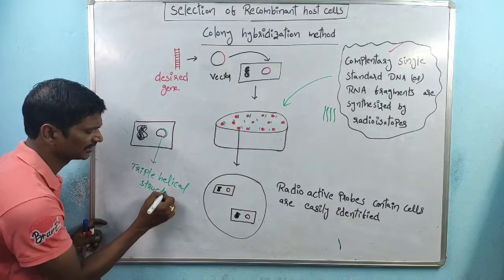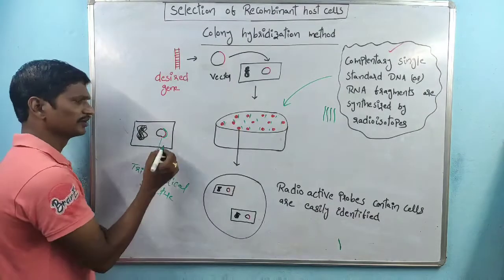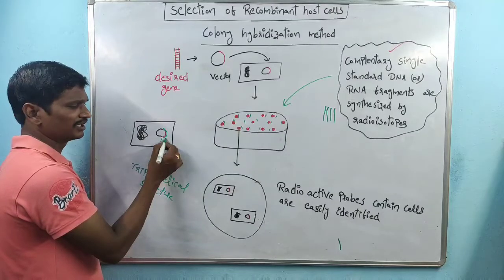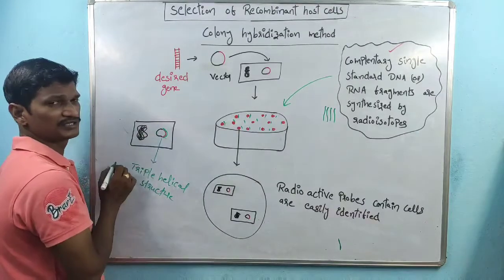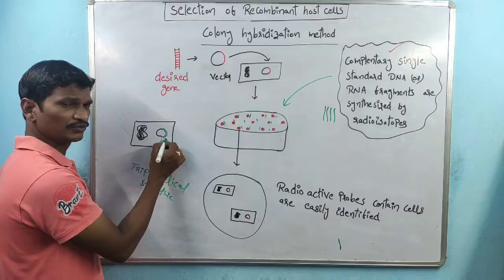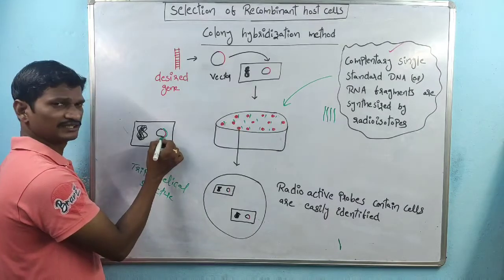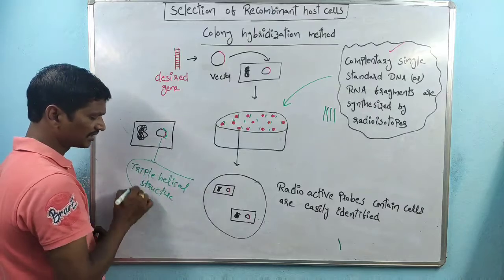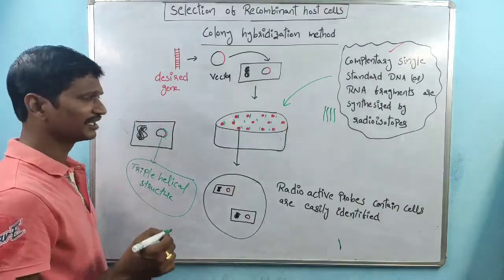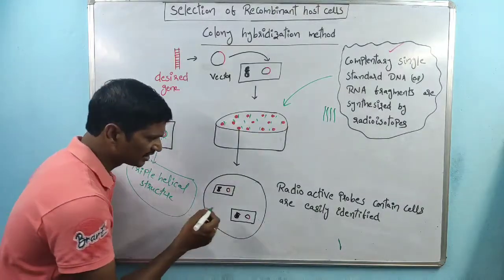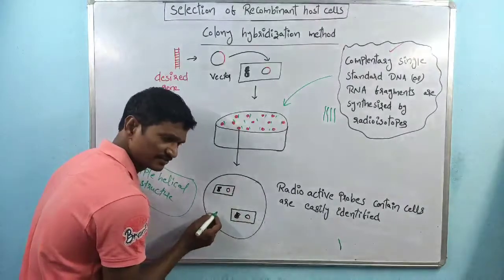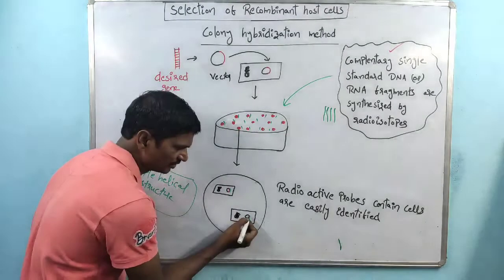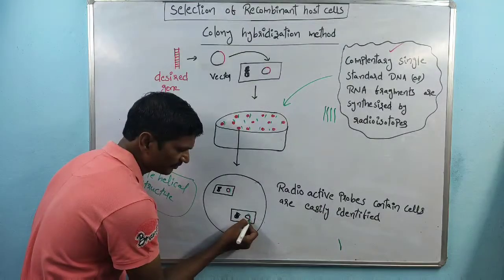In the presence of radioisotope fragments, our desired DNAs interact and form the triple helical structure. So these are the desired cells, because they have the desired genes that interact with the radio-labeled fragments.